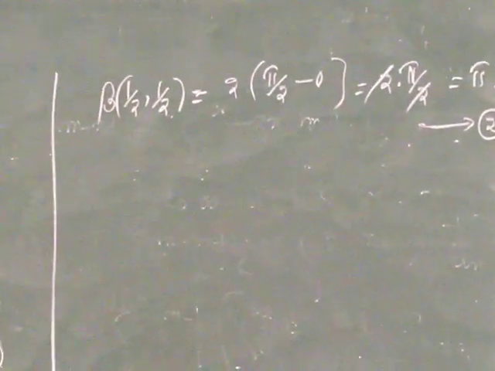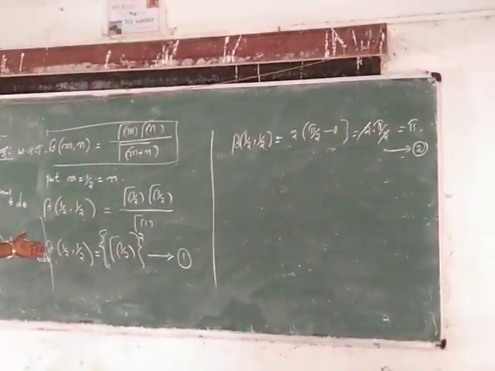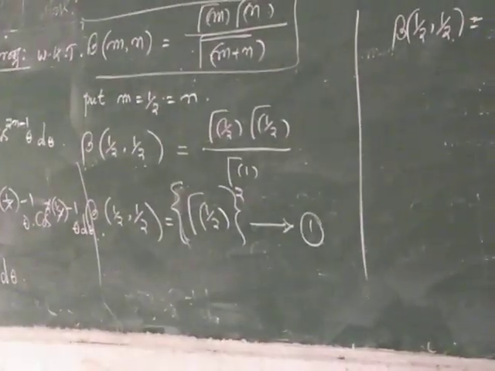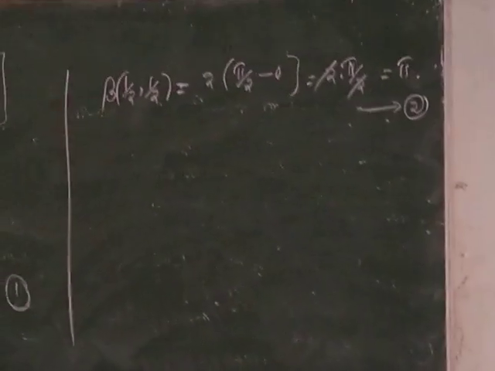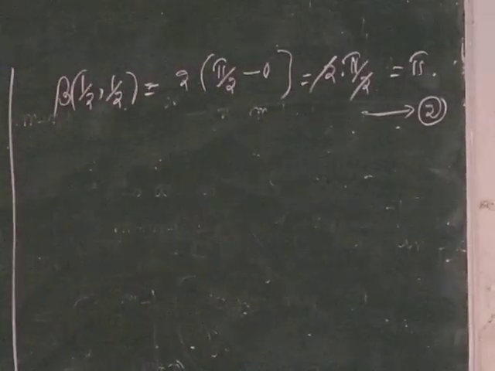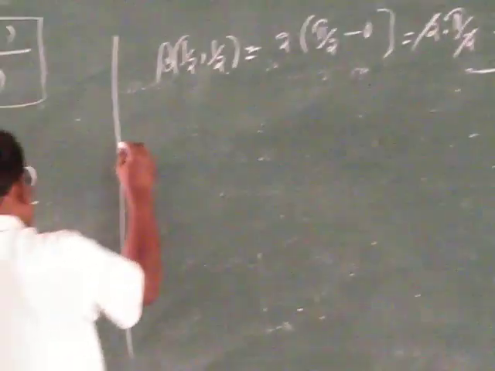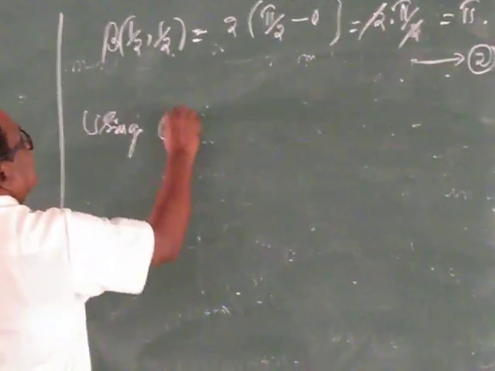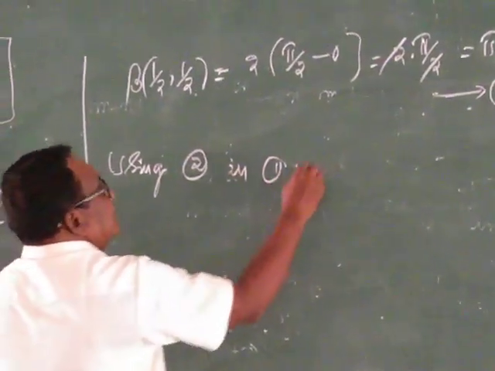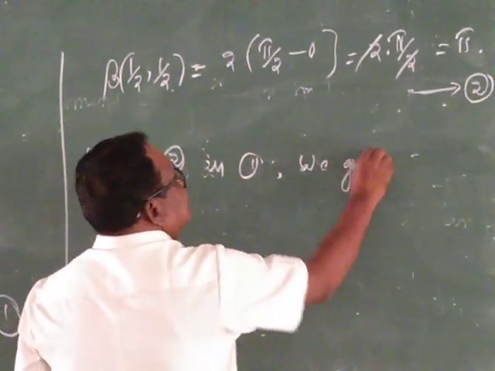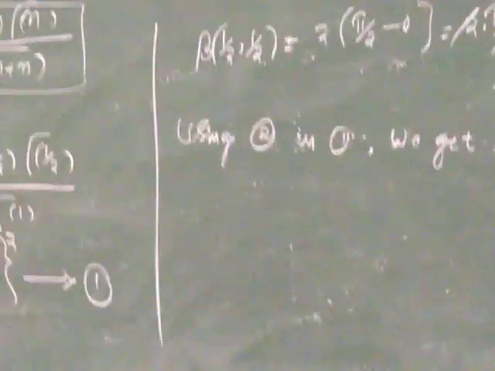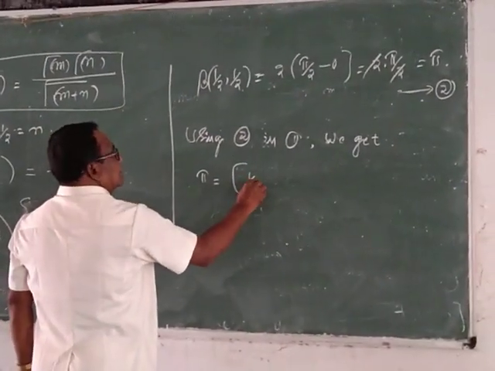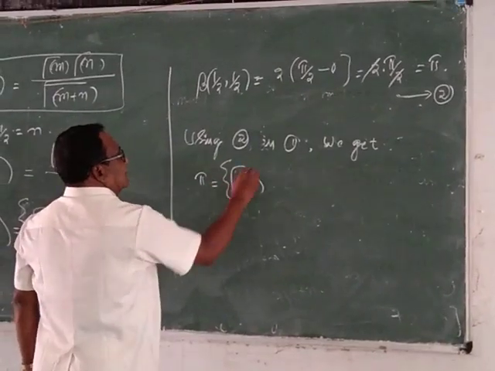See, we have two results for beta half comma half. One is beta half comma half is gamma half whole square. The second is beta half comma half is equal to pi. Let us use result number 2 in result number 1. We get beta half comma half, which is pi, is equal to gamma half whole square.